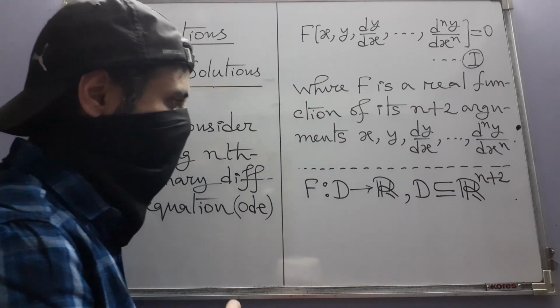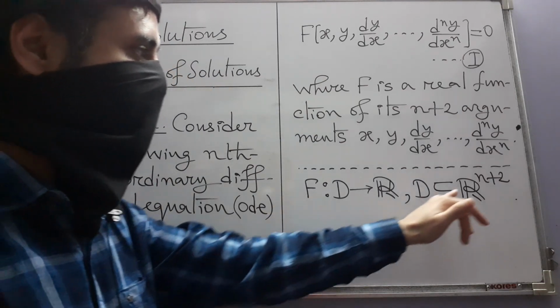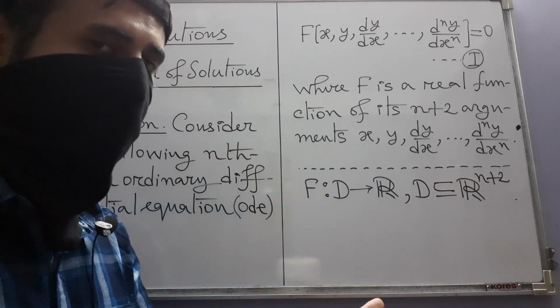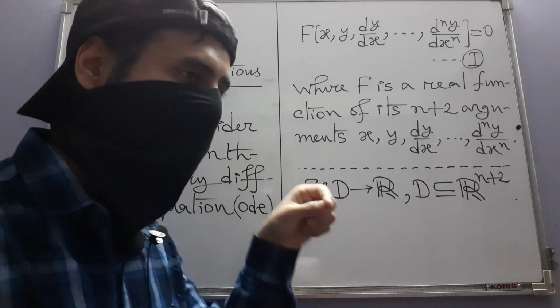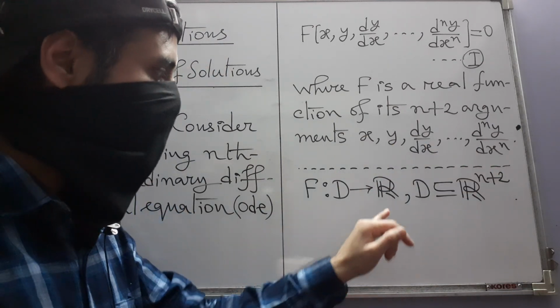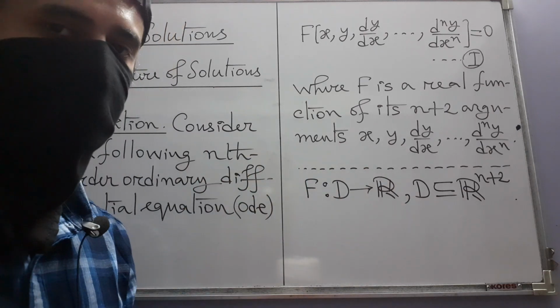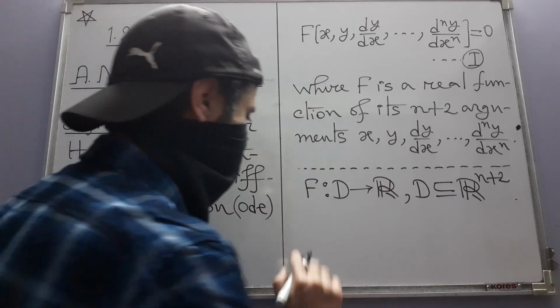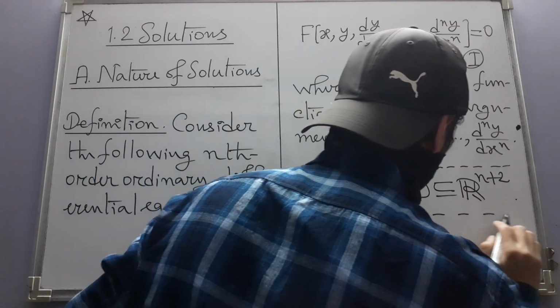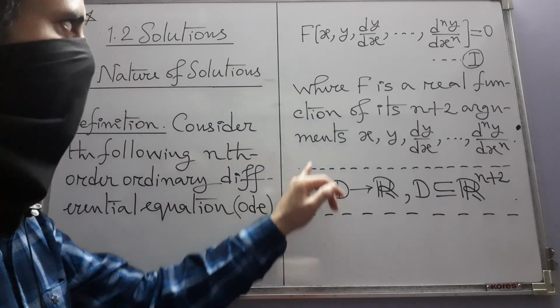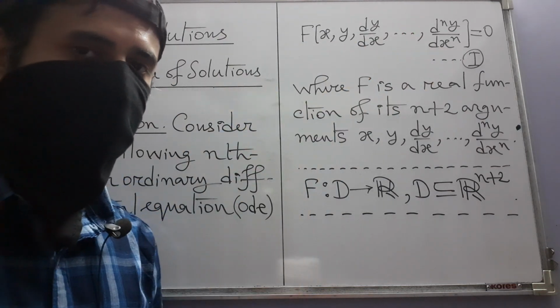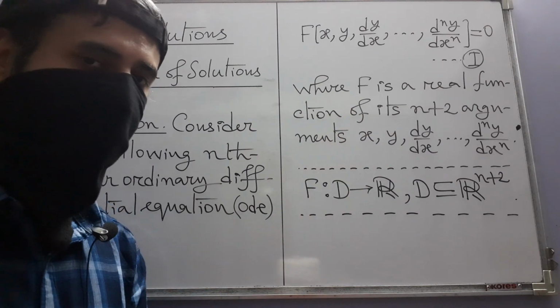Or to put it in another way, you can look at f in another way. f is a function of n plus 2 real variables and takes on real numbers as outputs. Okay. And we are simply using this function f to express the differential equation in the most general form.